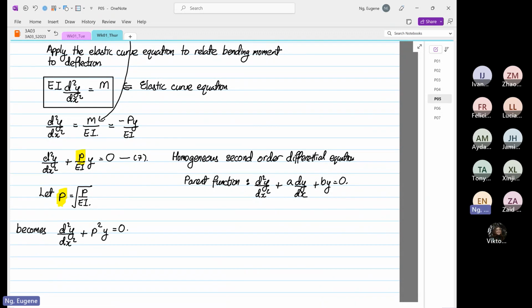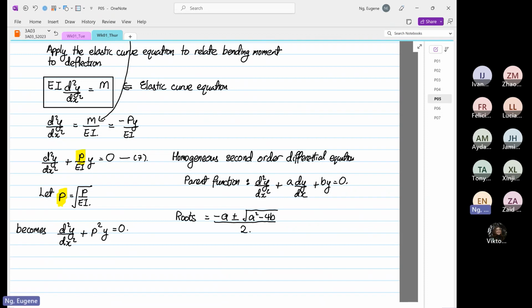If we were to determine the roots, they will be equal to minus a plus or minus the square root of a squared minus 4b, and the whole thing divided by 2.